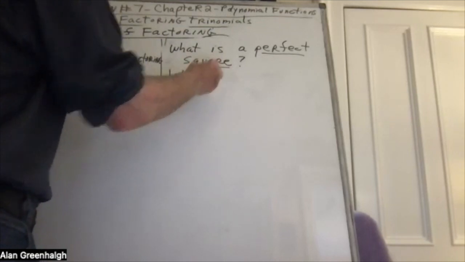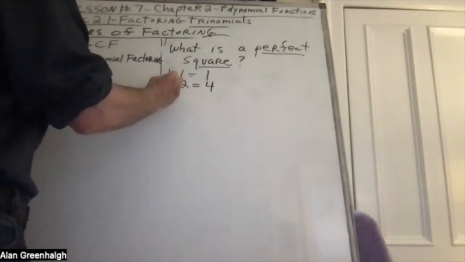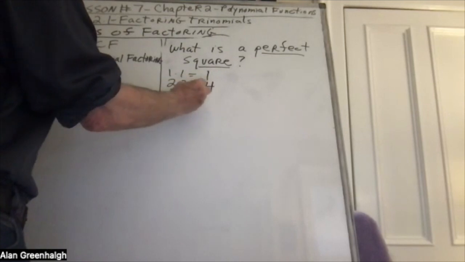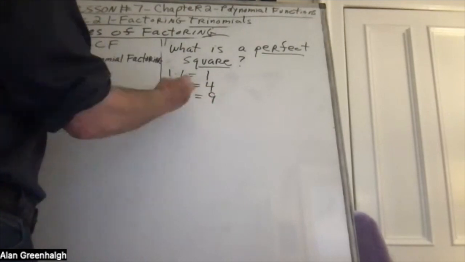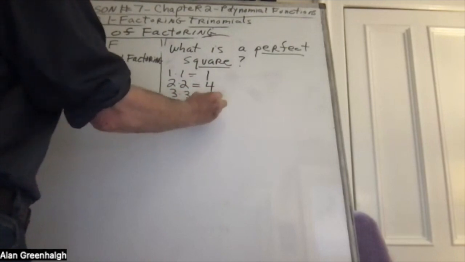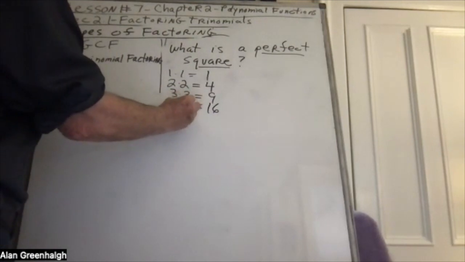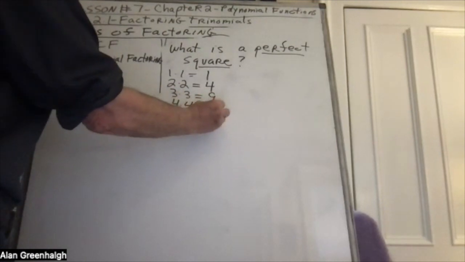What comes after 1? 4 is a perfect square. 9 is a perfect square. Do they have to be whole numbers to be a perfect square? Like, can you do 0.5, 0.5? Yeah, they have to be a whole number.